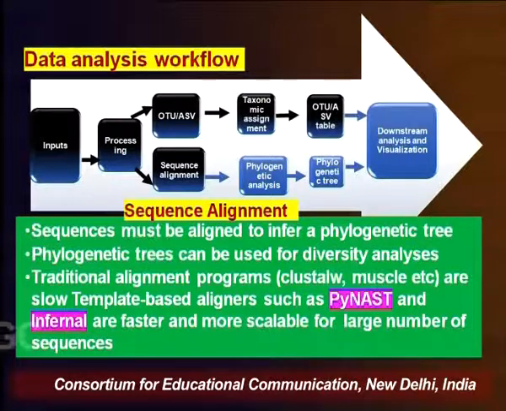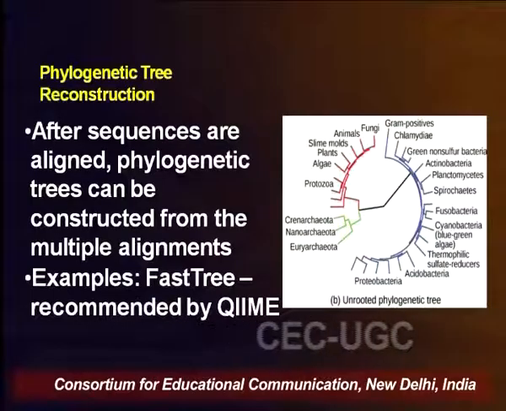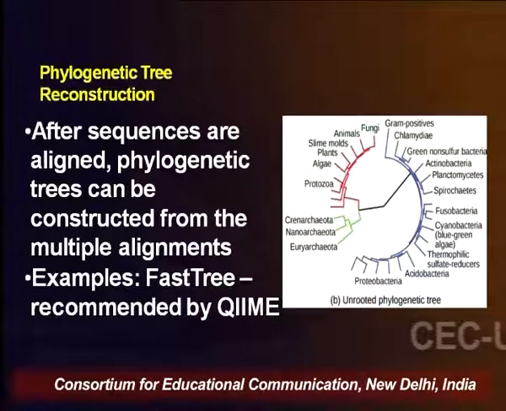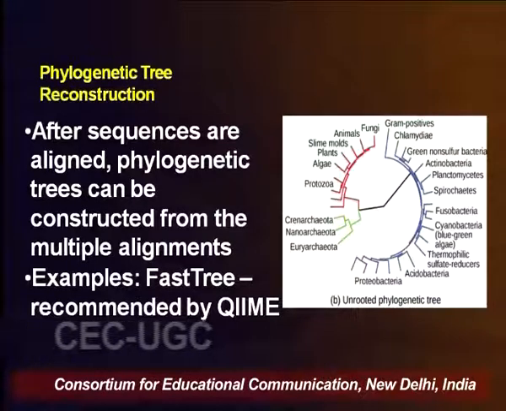We can use Clustal, but because we have a large number of sequences it will be slow. Usually PyNAST or Infernal serves as better software for this sequence analysis. We can do phylogenetic analysis the same way, and for phylogenetic tree construction, we can construct a tree from the multiple sequence alignment, and again for construction of the tree we can use FastTree software, which is recommended by QIIME.